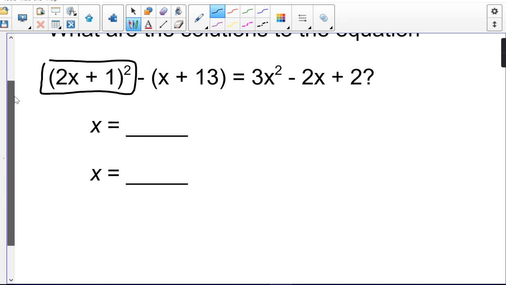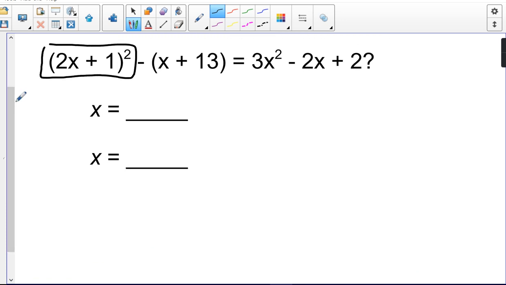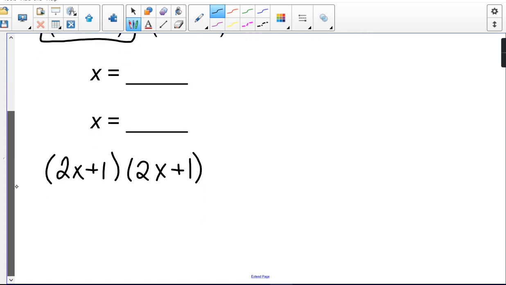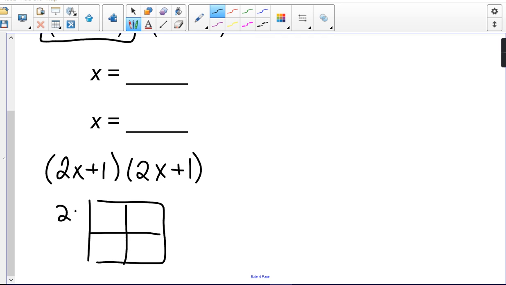When we see 2x plus 1 squared, that means we're multiplying that whole binomial 2x plus 1 by itself. So that's 2x plus 1 multiplied by 2x plus 1. If you multiply that out, 2x multiplied by 2x is 4x squared. 2x times 1 is 2x. 2x times 1 is 2x. 1 times 1 is 1.